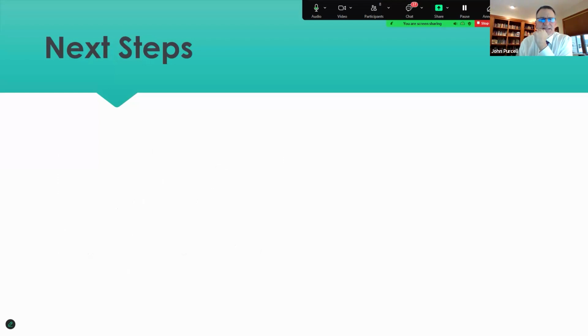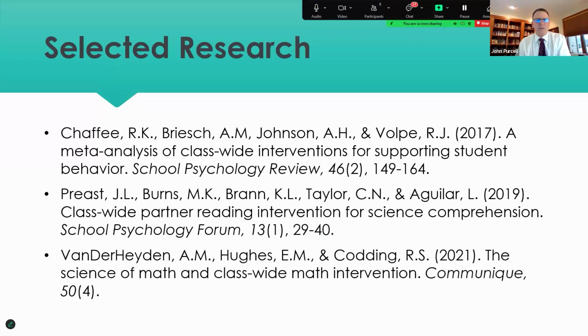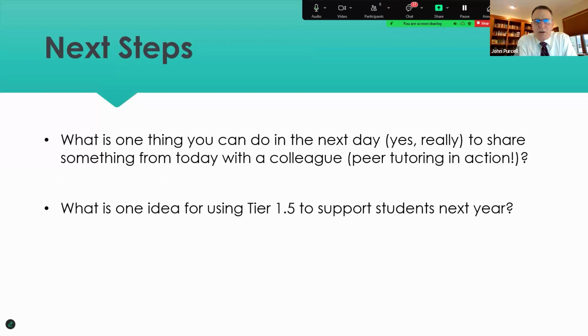Okay, it's 5:30. Next steps. What can you do? Easy for me to say. What's one thing you can do tomorrow to share something from today, what you've seen today? And what is one idea of using tier 1.5 or classroom-wide intervention to support students next year?